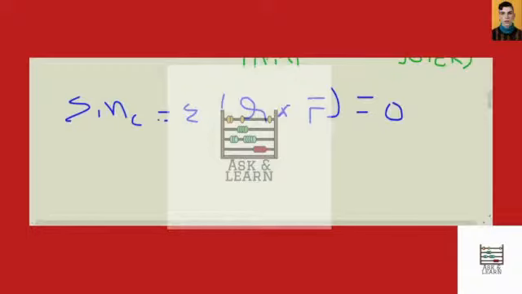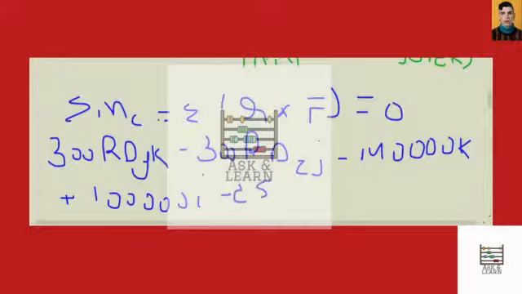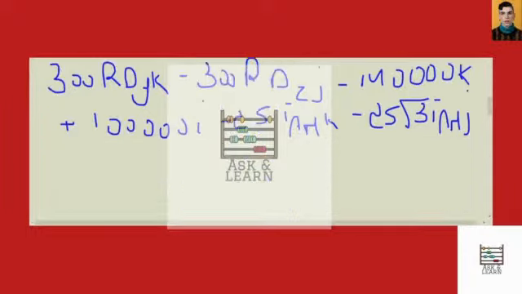So let's take the cross product of R and F, which gives the answer 300 R dy K minus 300 R dz J minus 144 times 0K plus 100,000 I minus 25 TAH K minus 25 square root of 3T AH J minus 125 square root of 3 T AH I is equal to 0.